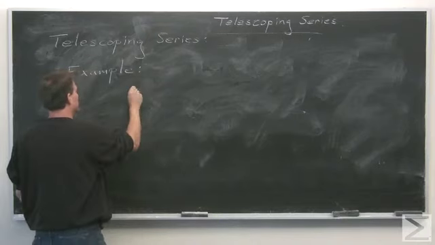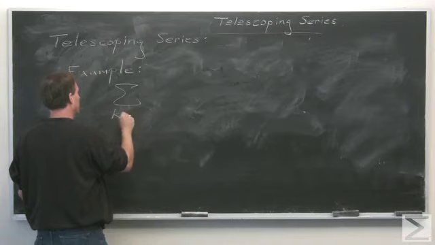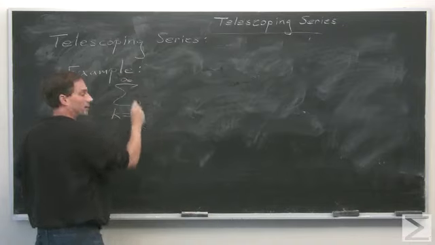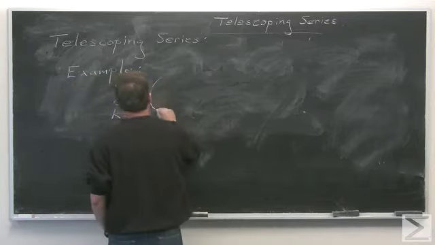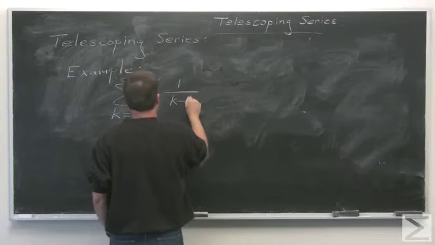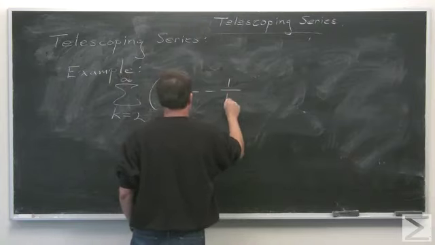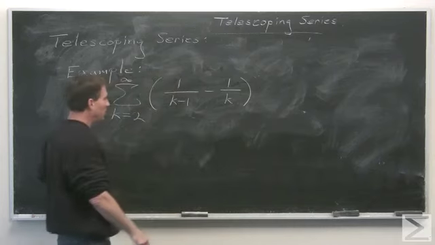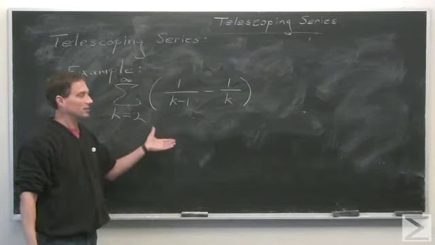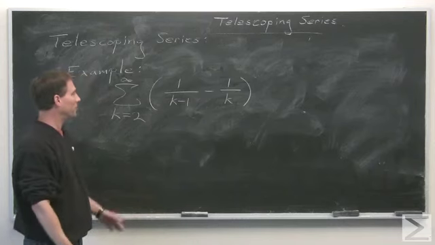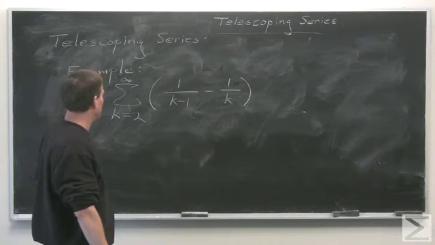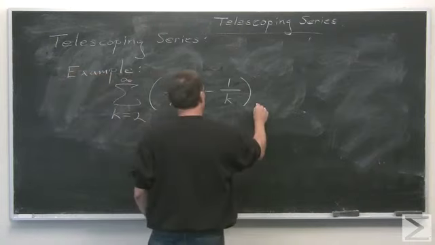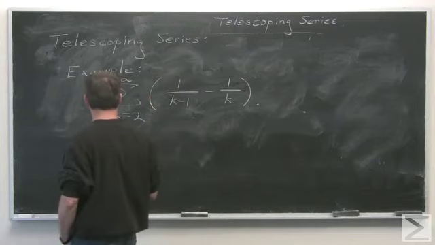suppose you take the series, sum k goes from 2 to infinity. The exact one I want is 1 over k minus 1 minus 1 over k. Suppose you take a series that looks like this. What do I mean looks like this? That'll become clear as we go on. But, okay, let's look at the partial sums.